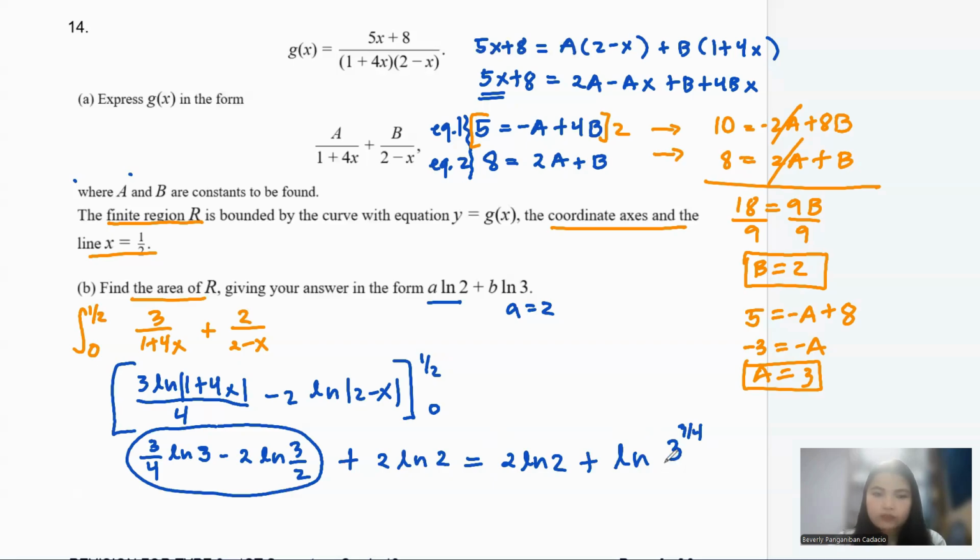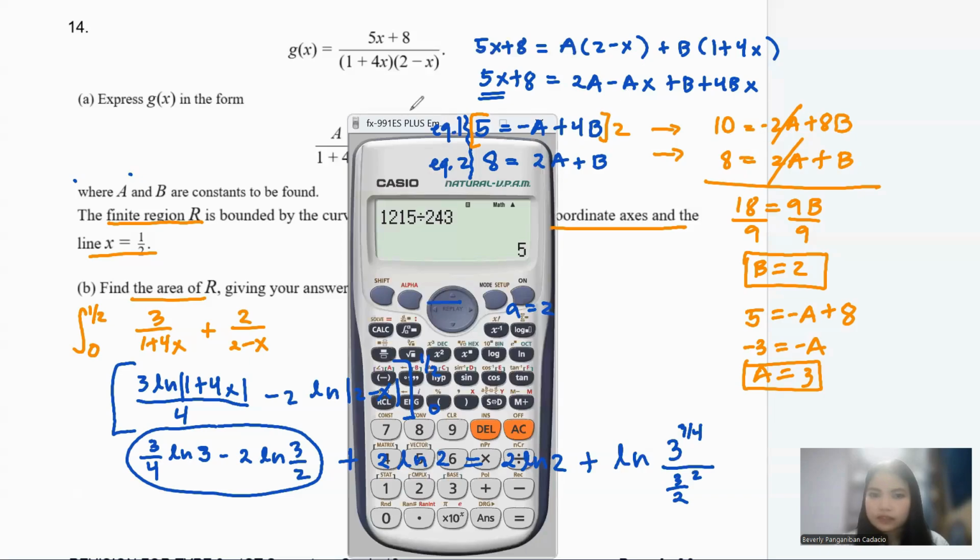And then the other one will be minus ln 3 over 2 raised to 2, which you can just divide, 3 over 2 raised to 2. And when you put that in the calculator, I believe you're going to have a nice answer. Wait, let's check, yeah?